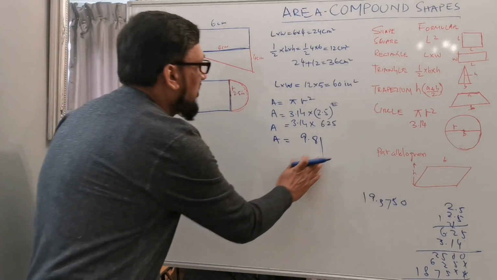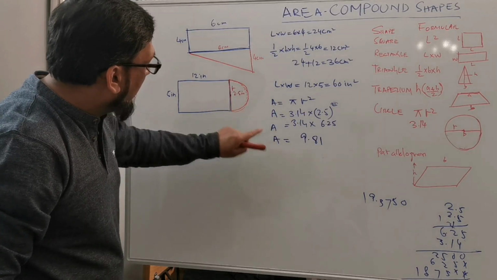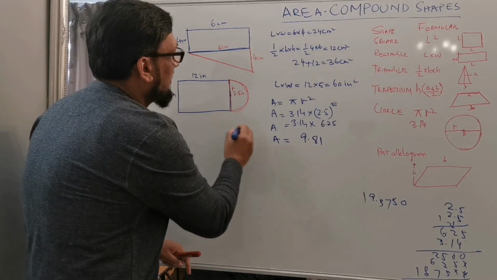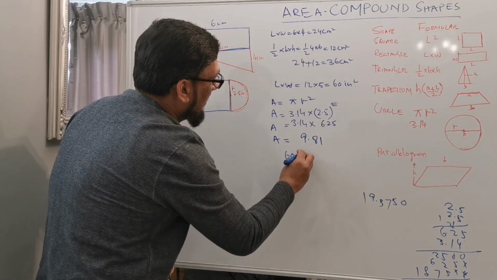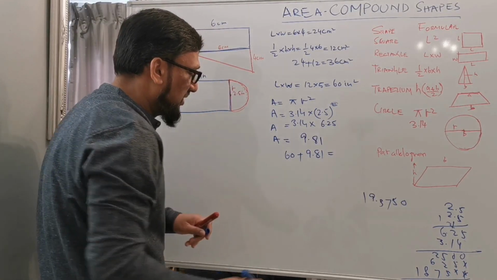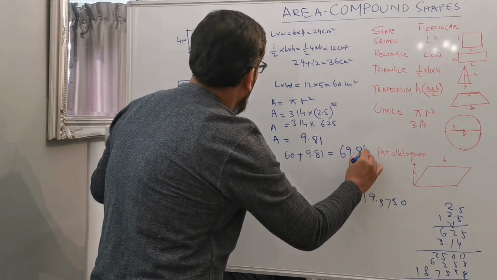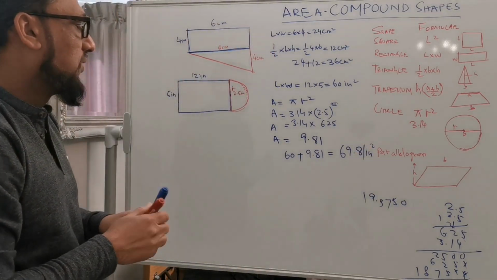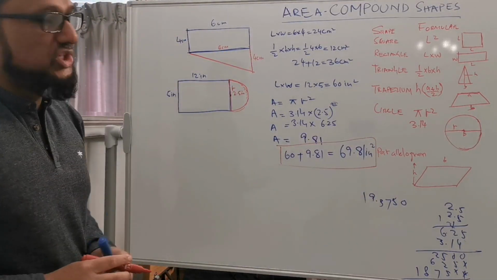So you need to add the area for the circle, 9.81, plus 60: 60 for the rectangle area and 9.81 for the half circle, which is 69.81 inches squared. This is your final answer for this shape.